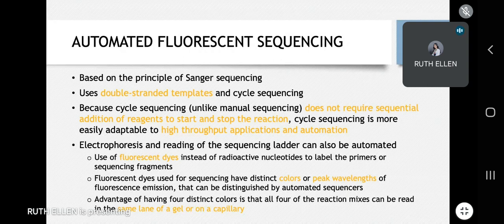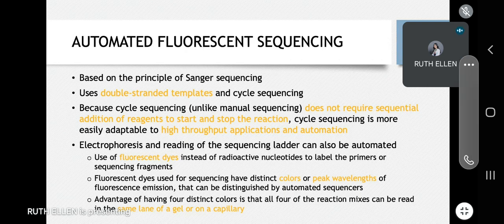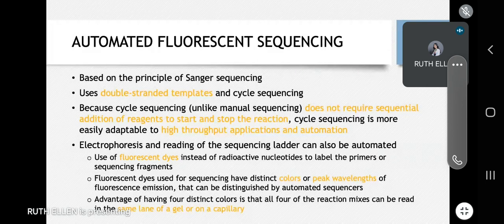Okay? So, it uses double-stranded DNA templates and cycle sequencing. So, machine na yung gumagana dito. Because cycle sequencing does not require sequential additions of reagents to start and stop the reaction, the cycle sequencing is more easily adaptable to high throughput applications and automation.